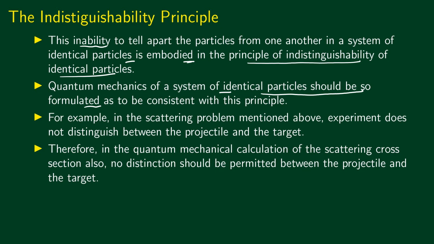For example, in the scattering problem that we just mentioned before, no experiment can distinguish between the projectile and the target. So in quantum mechanical calculation of the scattering cross section, also, no distinction should be permitted between the projectile and the target.